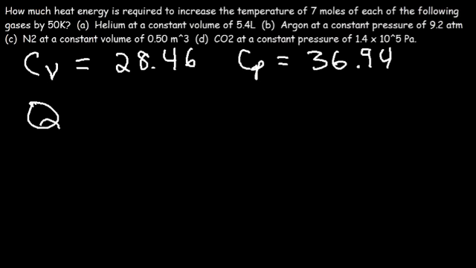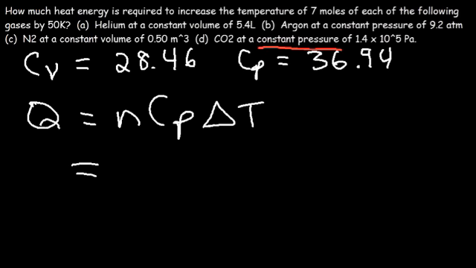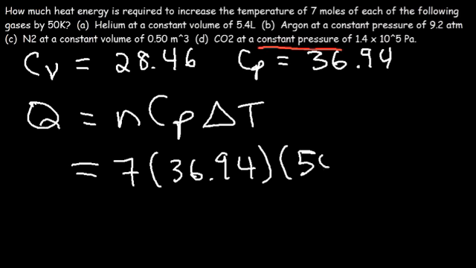So for part D, Q is going to be n times Cp, since we're dealing with constant pressure, times delta T. So it's 7 times 36.94 times the change in temperature of 50 Kelvin. And this is equal to 12,929 joules.